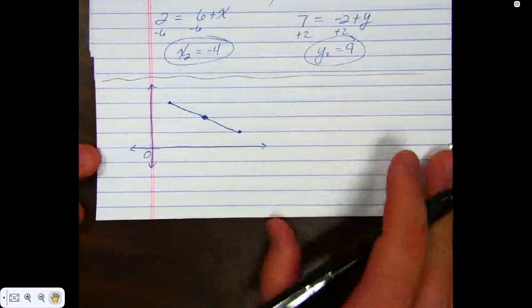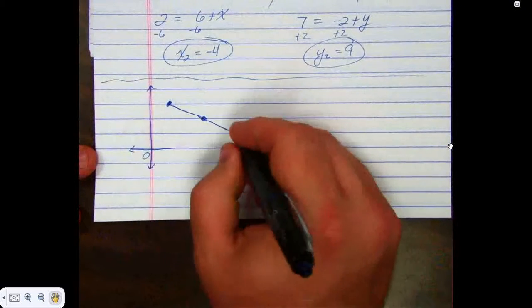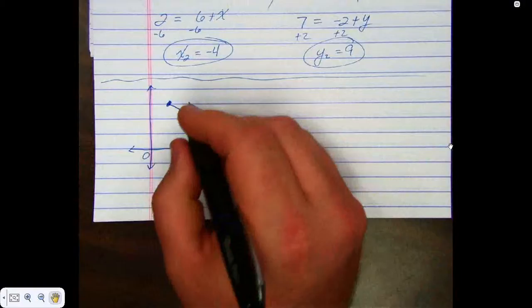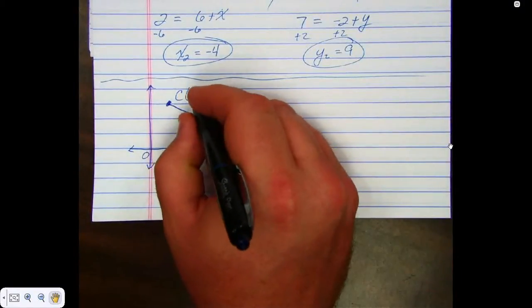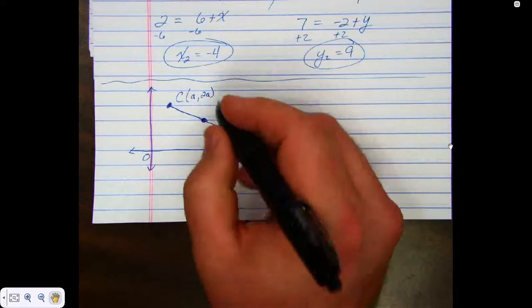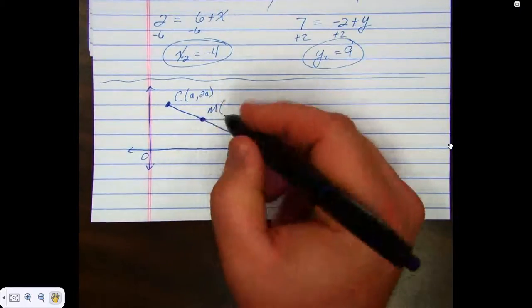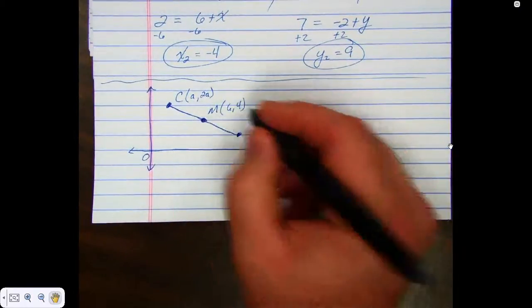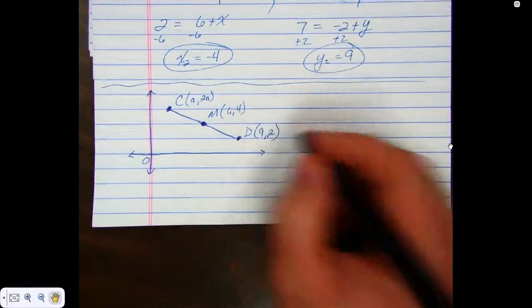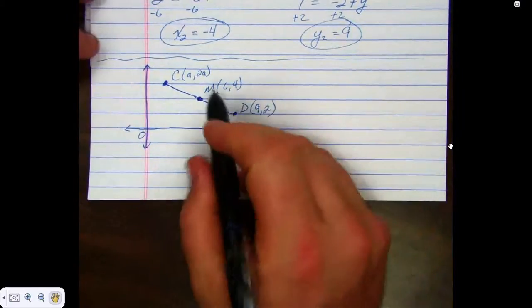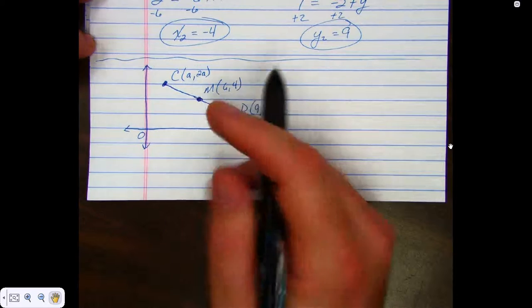Let's everybody look at number 12 now. Number 12 is the same concept. This is the midpoint. They give you that C has the coordinates of A, comma 2A. The midpoint M has the coordinates of 6, comma 4. D has the coordinates of 9, comma 2. Okay. It looks like algebra, we probably need to create an equation.